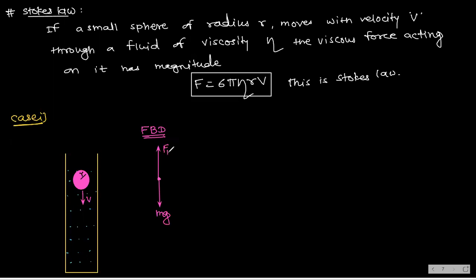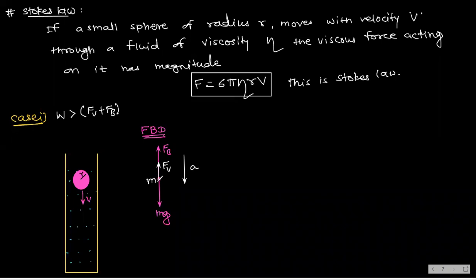And one more force in the upward direction, the viscous force, which I am denoting with Fv. If the weight is greater than Fv plus Fb, then this body will move down with acceleration a. That is our case 1.